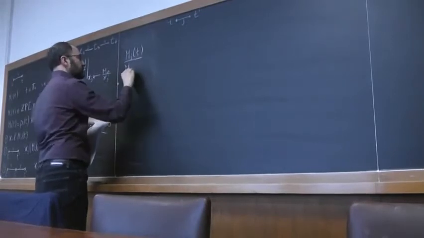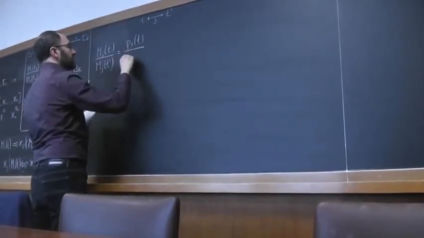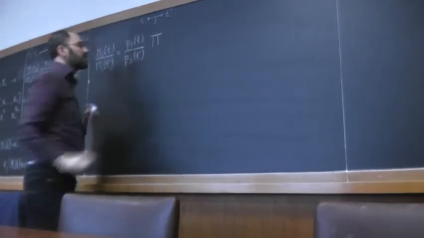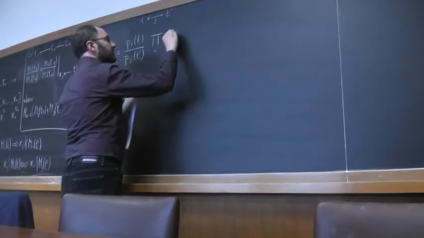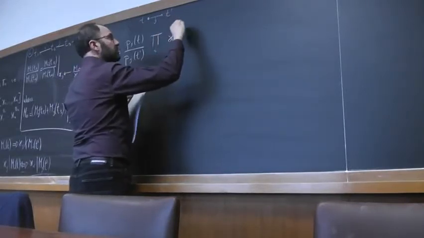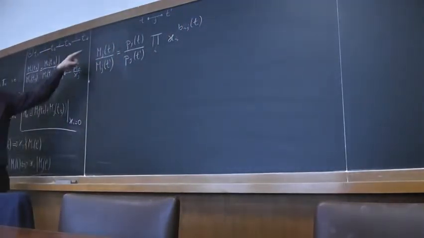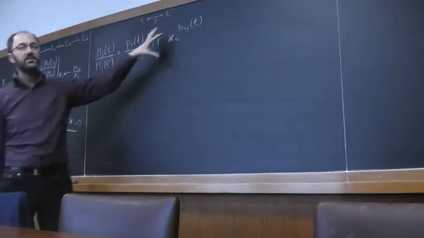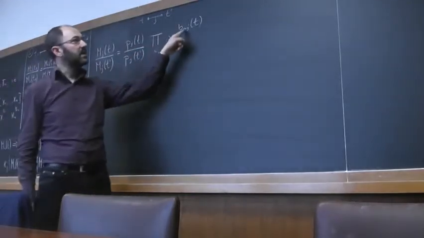If we look at this quotient, this is b_{j,t} divided by b_{j,t'}, and then we have a product over all i of xi to the exponents b_{ij,t}. So we start from t, we look at the edge labeled with j, and we look at this quotient, and it has this form. We call these exponents b_{ij,t}.